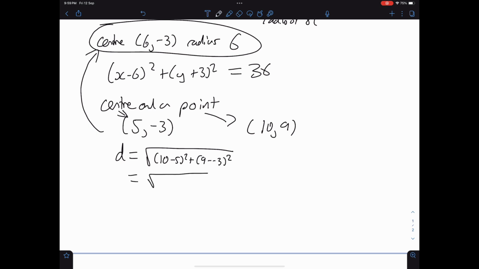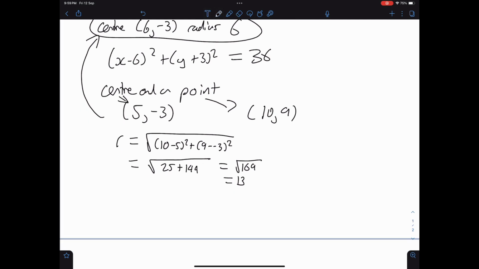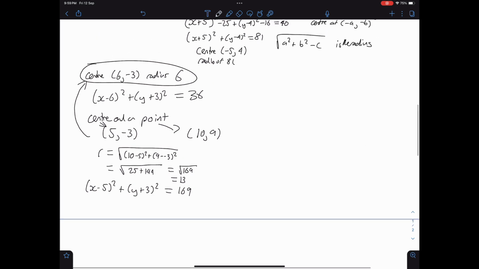So that's square root of 25 plus 144. What a miracle. I can't believe I managed to get a perfect square on the fly there. So it's, and I'll change that to r, it's 13. It doesn't matter because you square it in the end anyway, but still. And then so you get x minus 5 squared plus y plus 3 squared equals 169. So that's centre and a point, also quite easy.